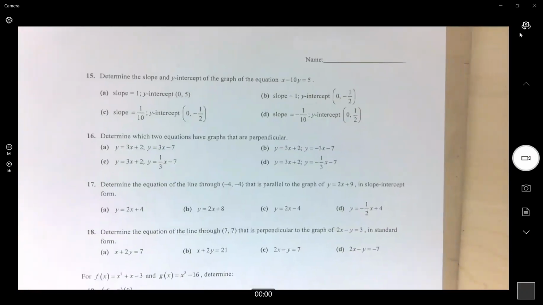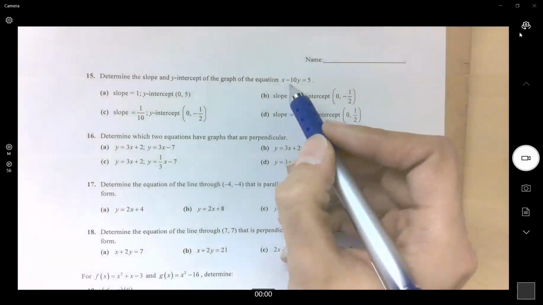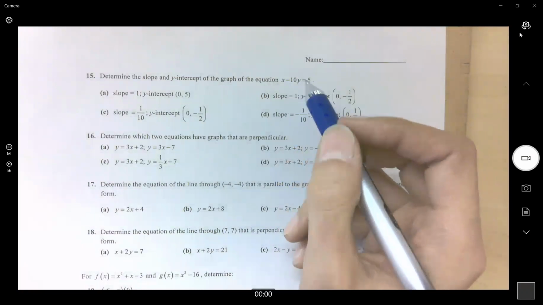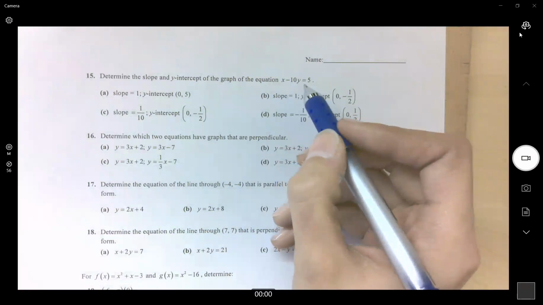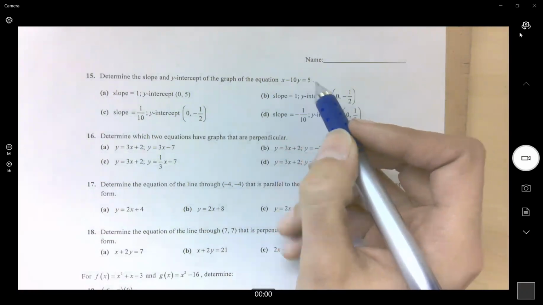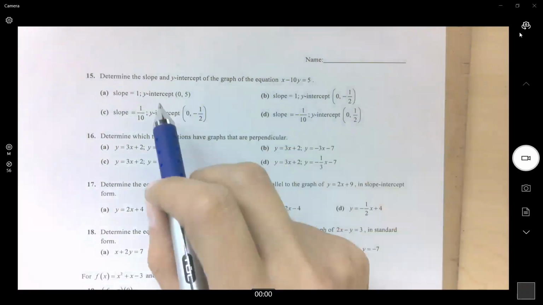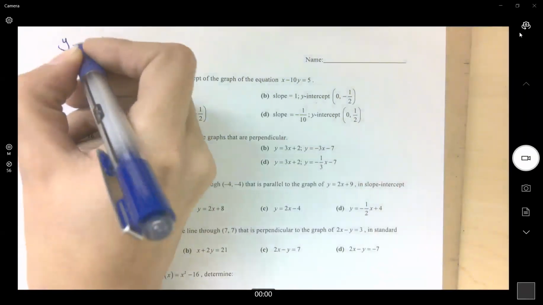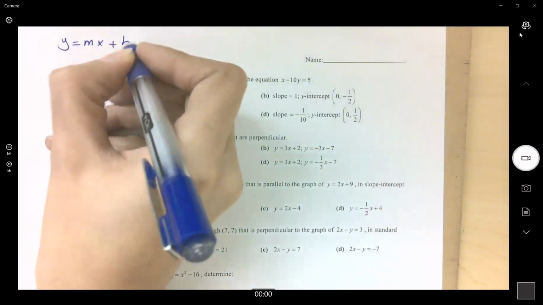Question 15 says, determine the slope and y-intercept of the graph x minus 10y equals 5. So to find slope and y-intercept, we need to write this in terms of mx plus b.